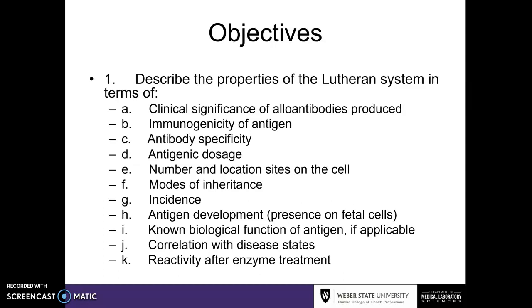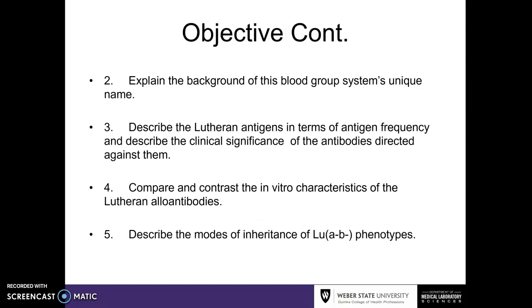We're also going to be discussing the incidence of the Lutheran antigens, whether or not they are developed and how early on, any known biological function of the antigens, and we're going to be correlating the Lutheran system with some disease states and discussing how they react with routine enzyme treatment.